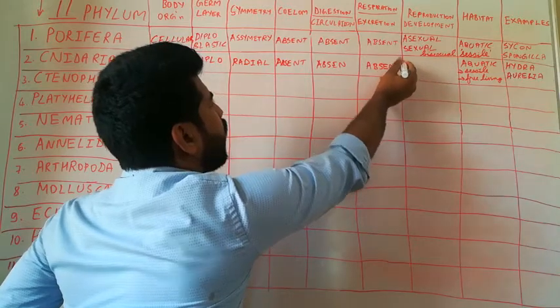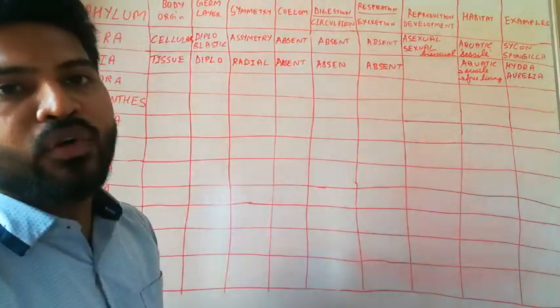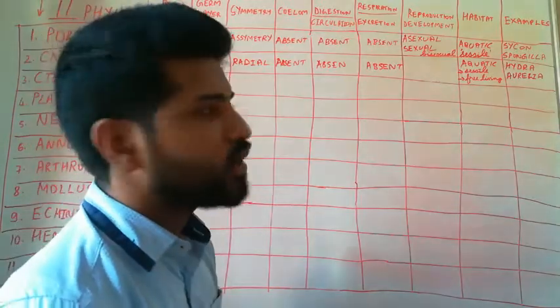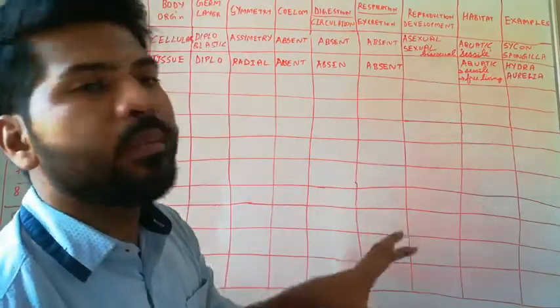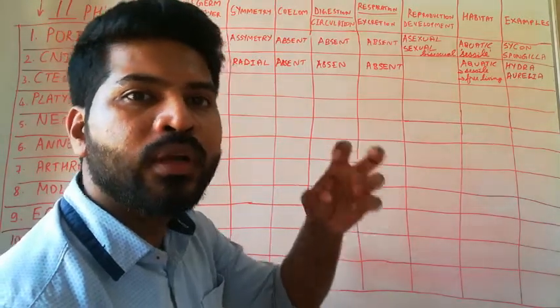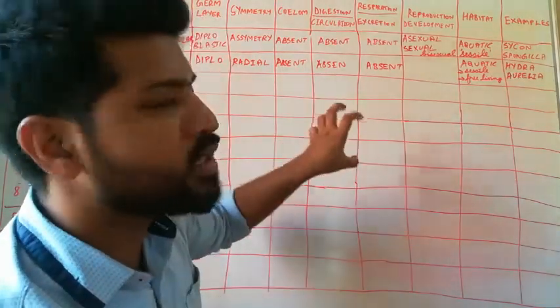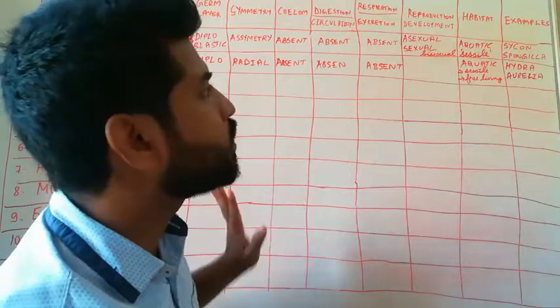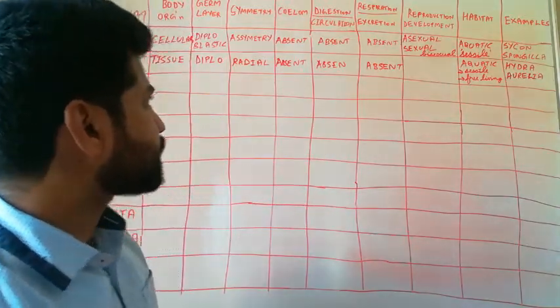Specialized organs are not present for respiration, digestion, excretion, etc. Water is the medium, once again, through which all waste is thrown out, food is digested, and exchange of gases also takes place through the water medium.